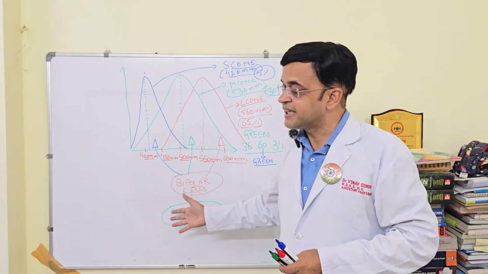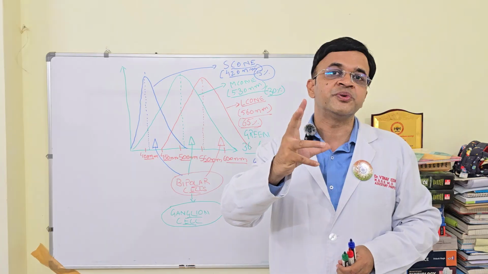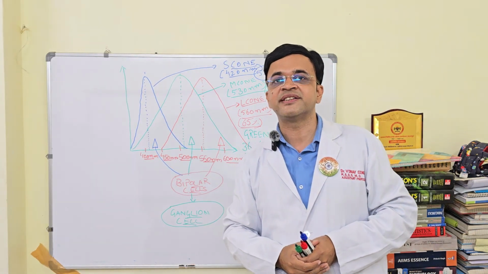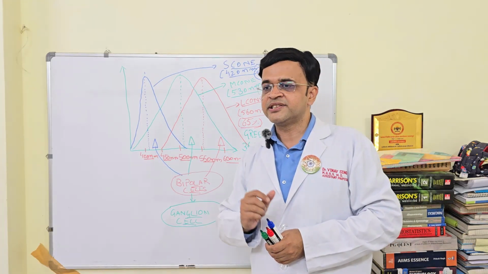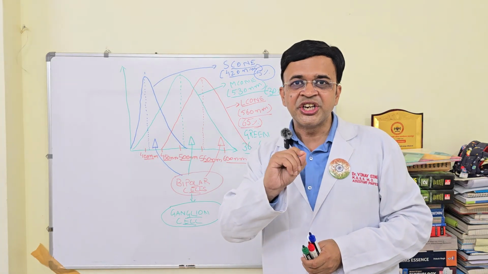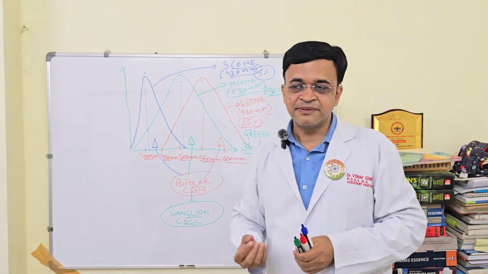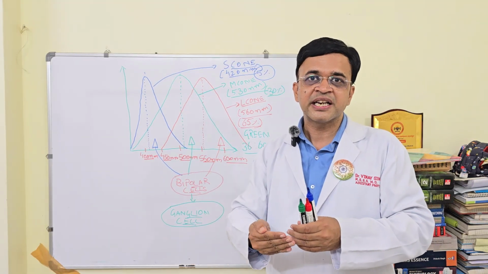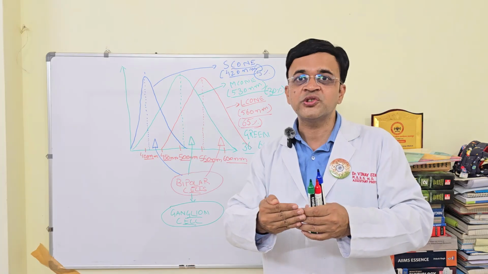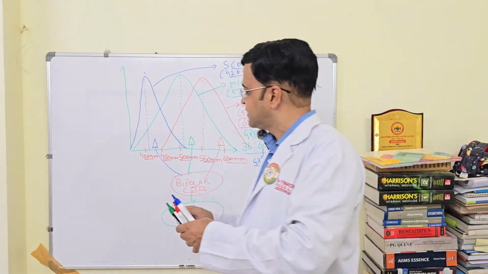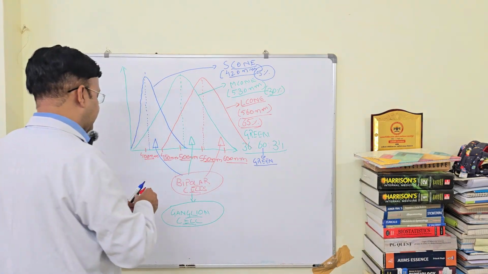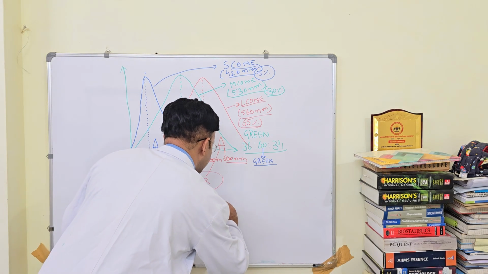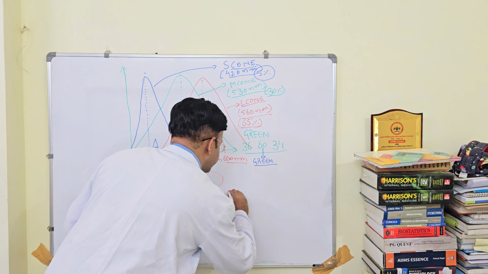In the ganglion cell, the opponent theory comes into effect. The opponent theory was given by a scientist called Hering. He saw that reddish green color is not there, and even bluish yellow color is not there. So these two color pairs oppose each other. So opponent processing happens at the level of the ganglion cell. Opponent processing.